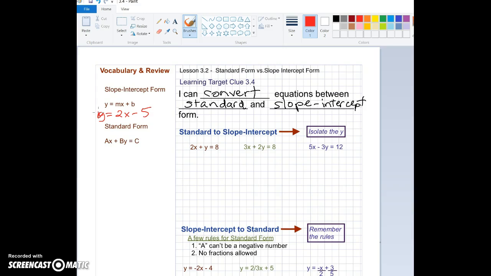And slope-intercept form has two constants. One is a coefficient right in front of the x. That's the 2. And one is the b, which is the y-intercept, which is where the line crosses the y-axis, where x is 0 and y is -5. And that 2 in front of the x is the slope.